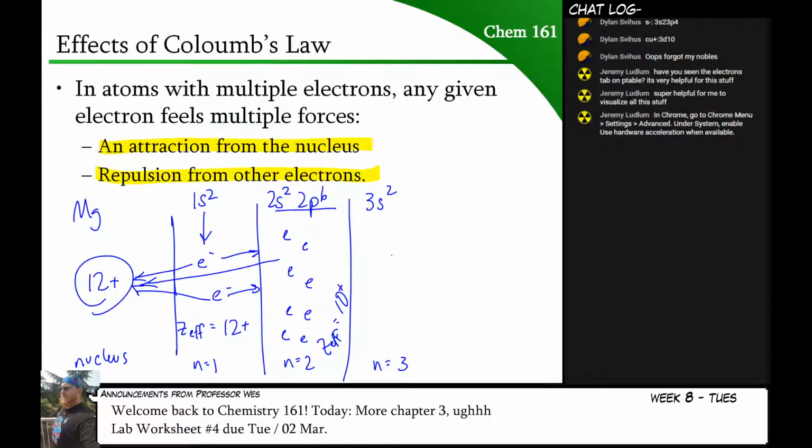And then finally, when we get out here for 3s2, there's effectively 2 electrons out here. They're also attracted to the nucleus, but there are so many other electrons in the way, pushing out, that they screen out the majority of that charge. So the force that these feel is only what's left over: 12 minus the 10 that are in the way is 2.